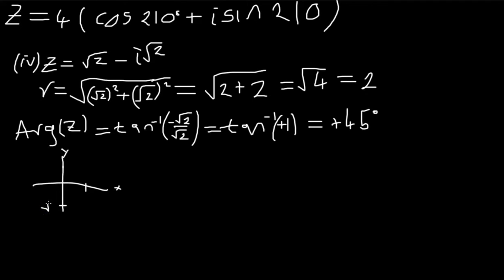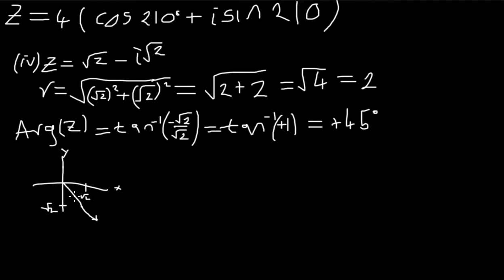So my complex number is going to be there like that. So now I've been given the angle to be 45. If I found this 45 to be positive, it means that it is somewhere in this quadrant. If I found it to be negative, it's going to be somewhere there.